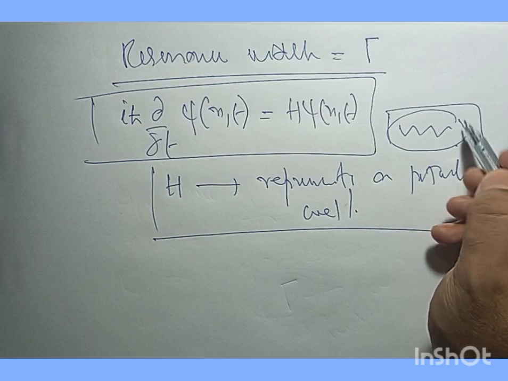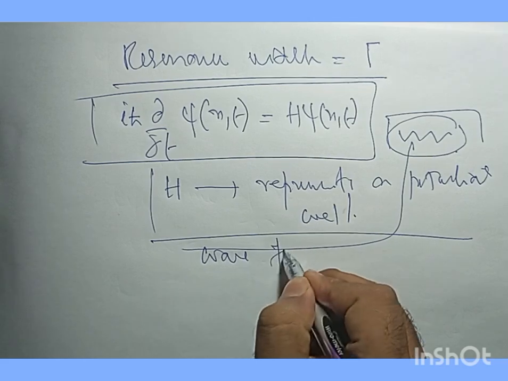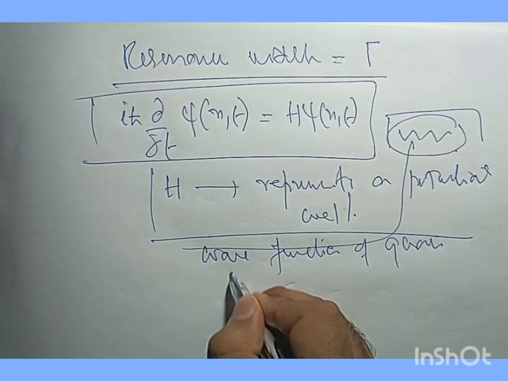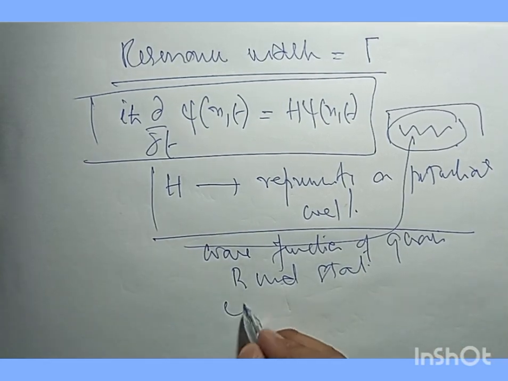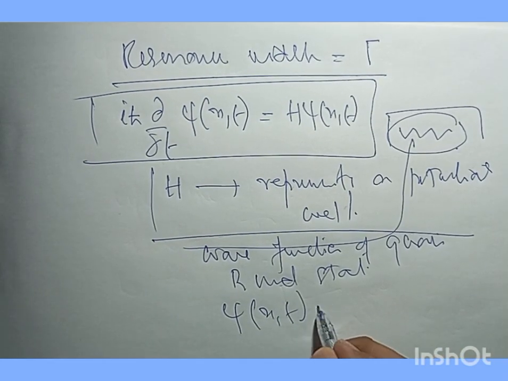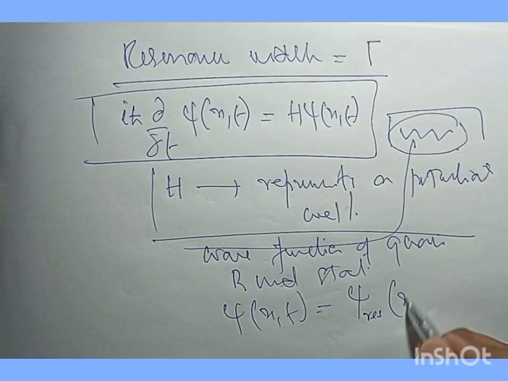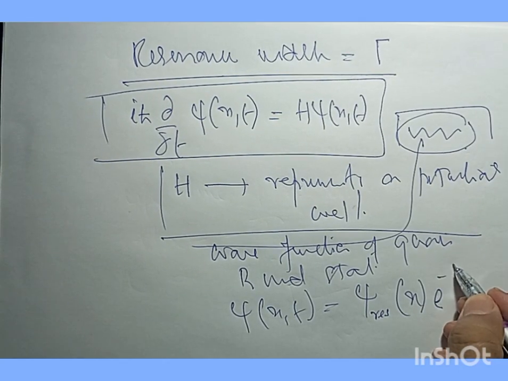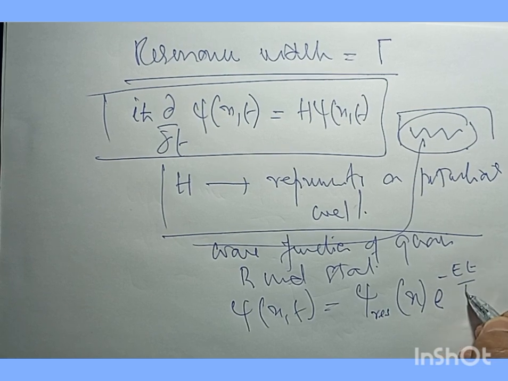And the wave function of this quasi-bound state, if I write that down, ψ(x,t) is ψ resonance of x, e to the power of minus iEt by ħ.